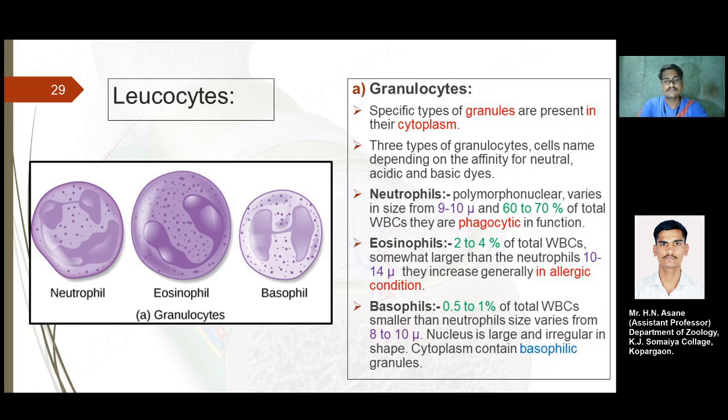The key in terms of quantity is that neutrophils are the largest in number, then eosinophils, and then the basophils. In size, the eosinophils are the largest, neutrophils second, and the basophils the last. So this is for extra knowledge.